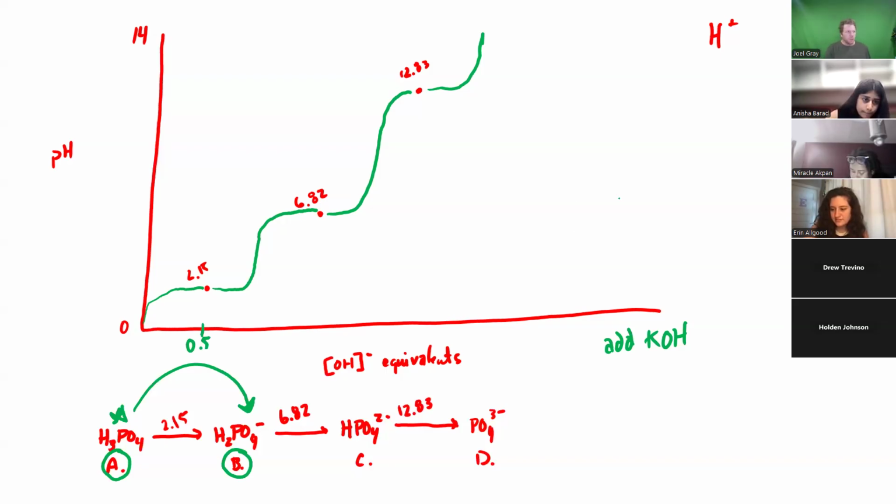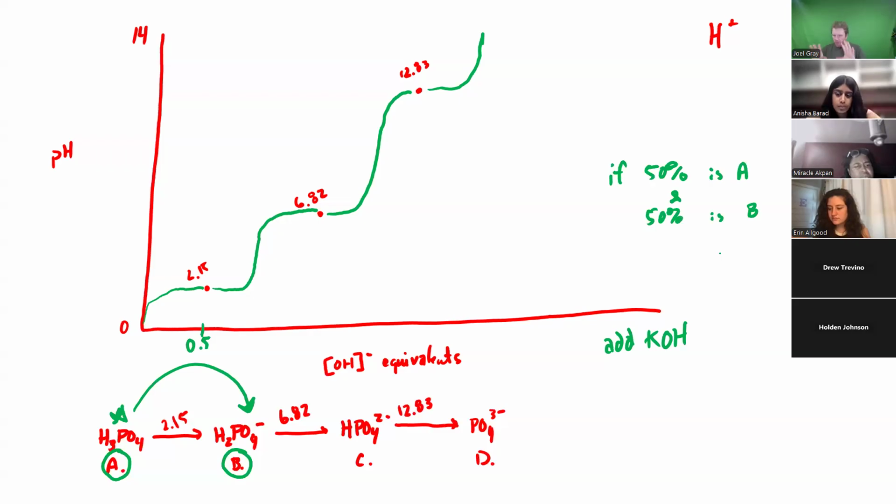So my question for you guys is, if 50% of my molecule is A and 50% is B, what is my pH?